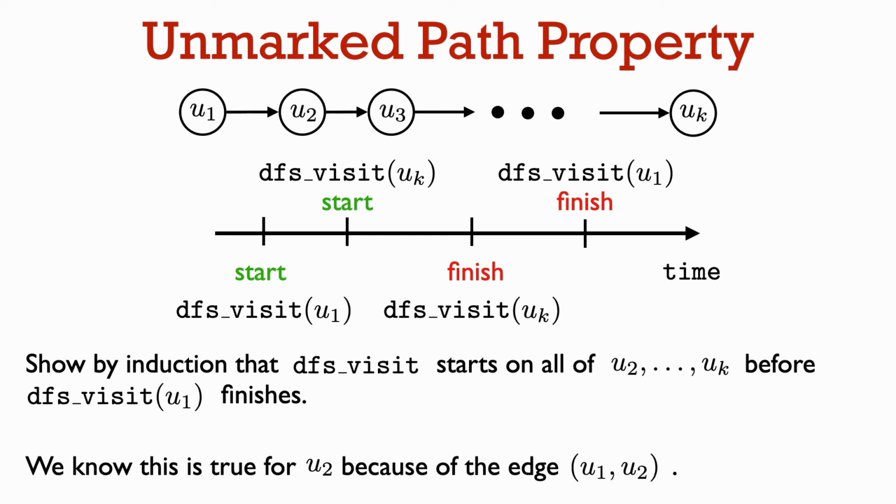So in that case, what we want to show is true. The second case is that U2 is still unmarked when we consider this edge from U1 to U2. In that case, we'll start DFS visit on U2 at that moment. Either way, DFS visit of U2 starts while DFS visit of U1 is still open.